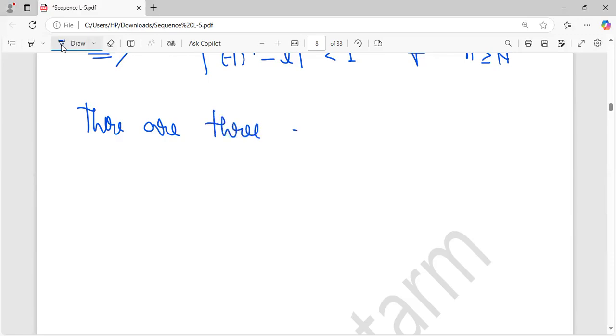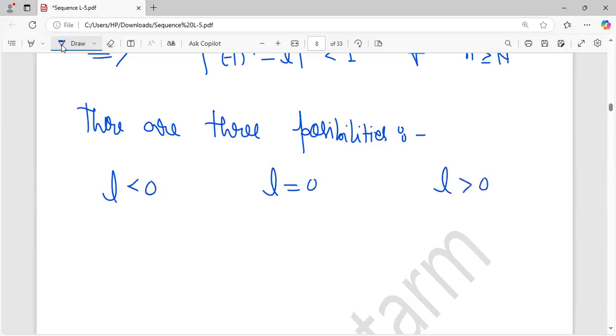L can be negative, L can be 0, and L can be positive.